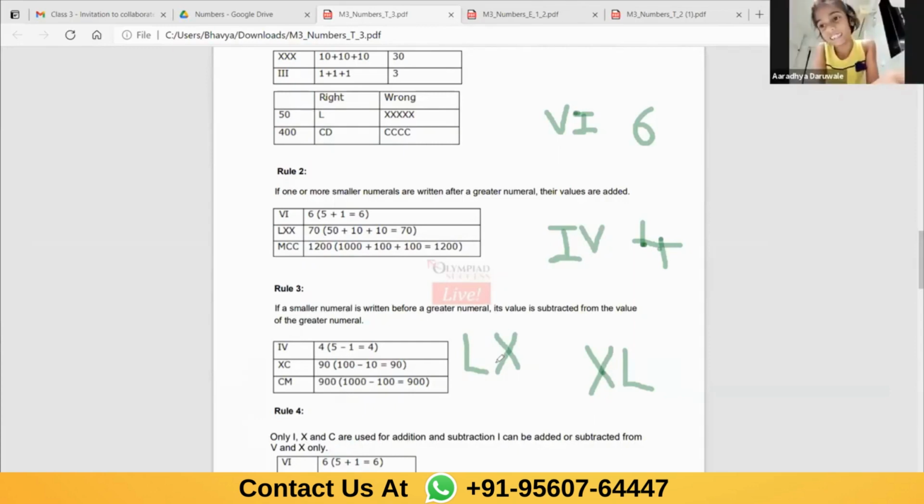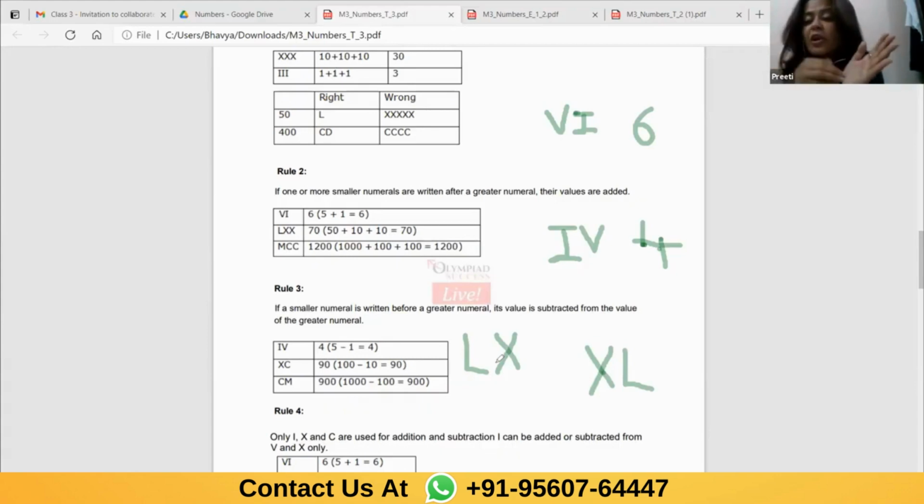That is L. Okay. So what happens? First of all, you have to see which symbol has greater value. Write that first. Now which symbol has smaller value? If you write the smaller value symbol on the right hand side, that means addition. But if you use the same symbol on the left hand side, that means subtraction.